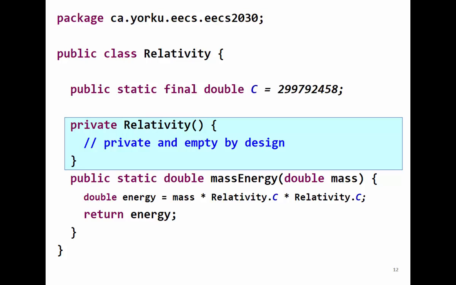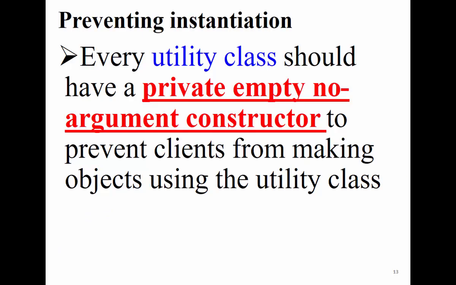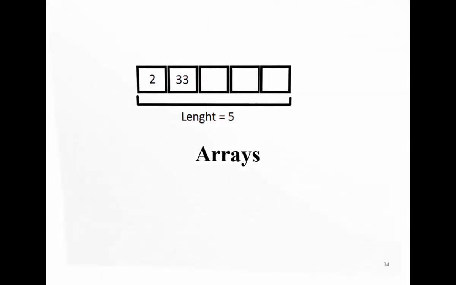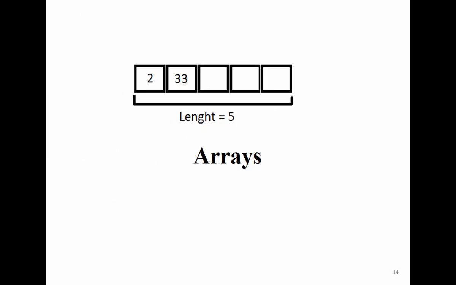So you cannot access a non-static field using a static method. So if the utility class contains all static fields, it should contain all static methods. So preventing the creation of an object is simply providing a private, empty, no-argument constructor inside your class. Okay, so we close the utility class topic.